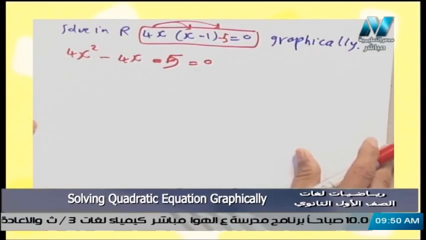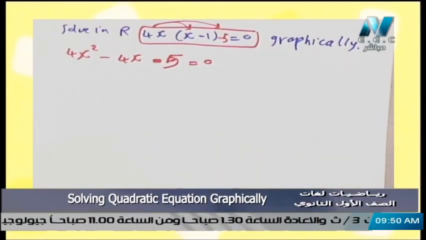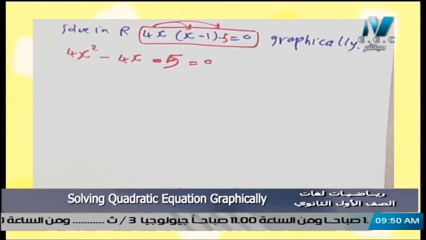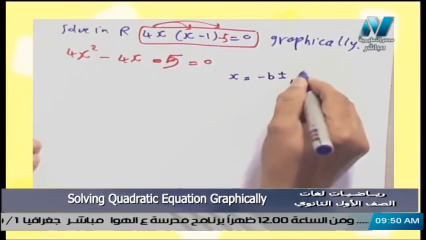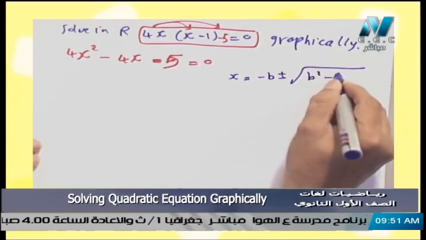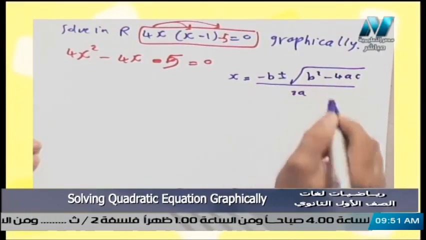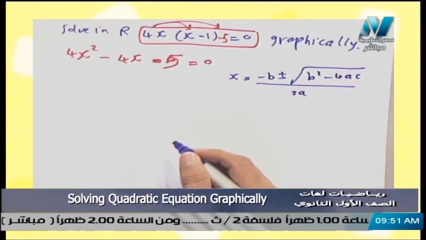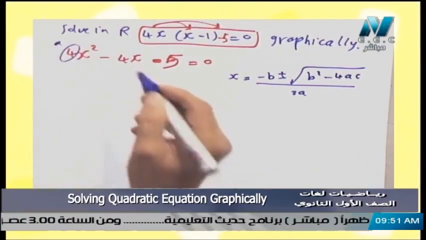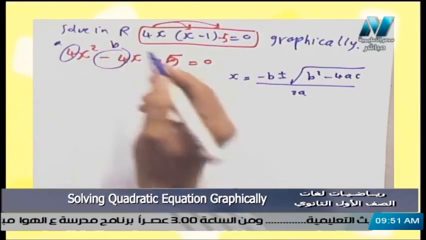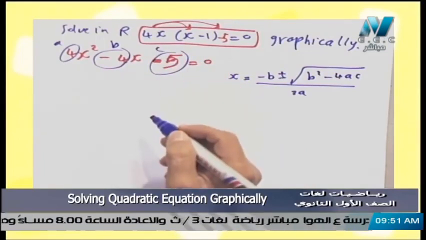And if you want to solve it algebraically, we know about the formula. Do you remember, my dear students? The formula x equals negative b plus or minus square root of b power 2 minus 4ac, over 2a. And we ask ourselves, what is a, b, and c? a here is 4, b is negative 4, sorry, and c is negative 5.